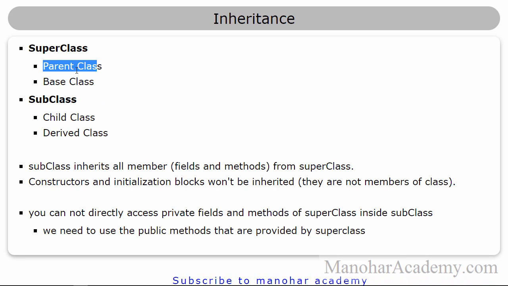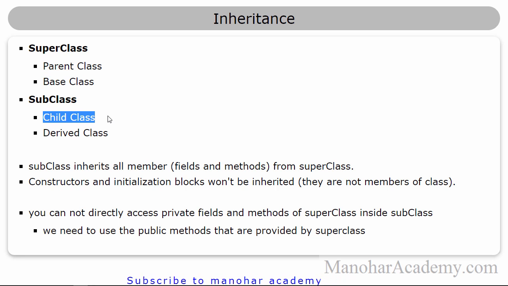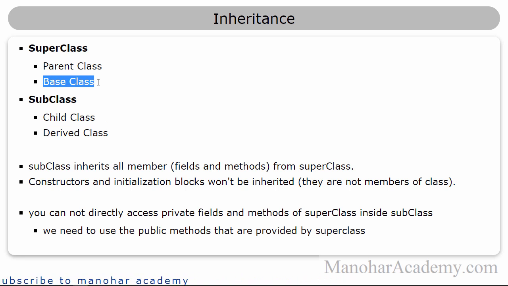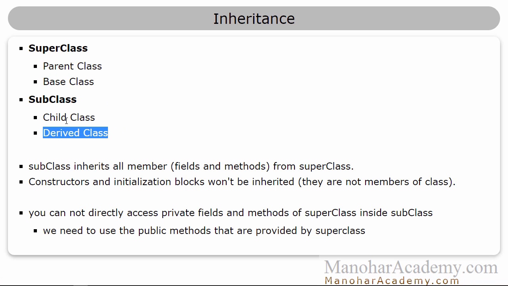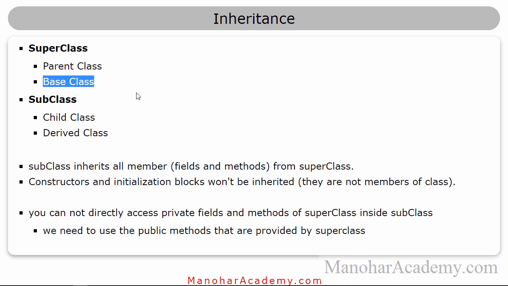Superclass is also called parent class and subclass is called child class. And because this is the base class from which we are deriving new classes, superclass can also be called base class and subclass can be derived class. These are the other names for superclass and subclass.